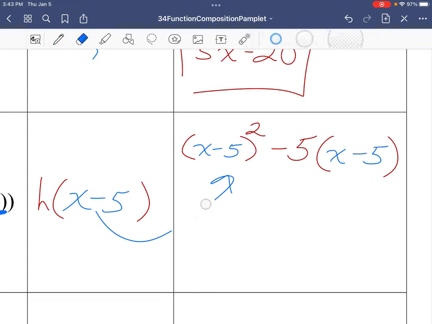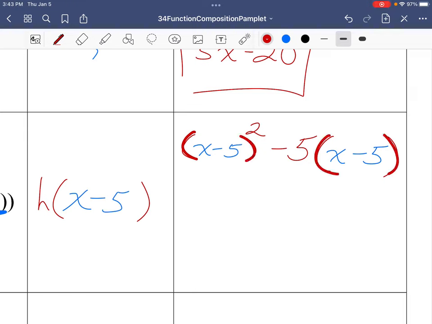Now, I want you to notice here that I have very carefully used parentheses with my substitution. Whatever you substitute, the place that you substitute always needs parentheses to very nicely organize and sort of group each of the substitutions. x minus 5 squared.